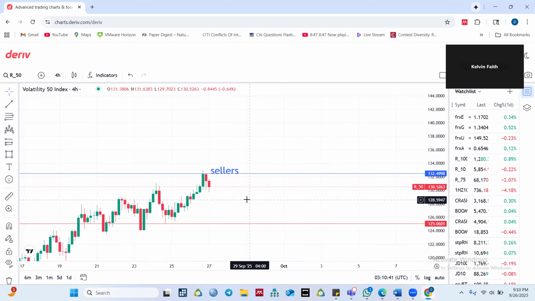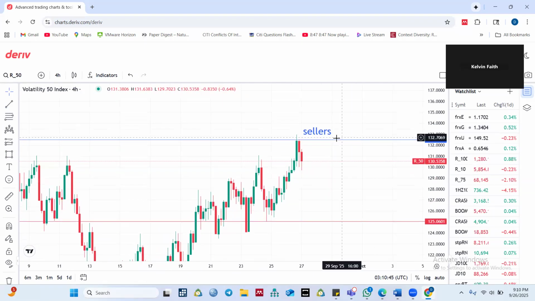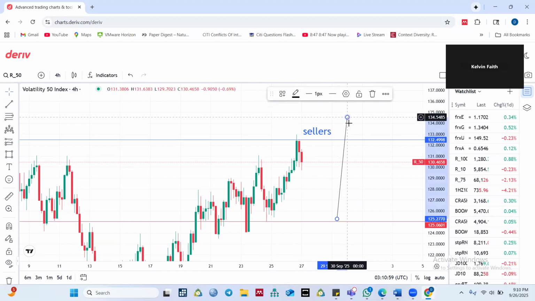So we're still playing. There's still a lot of room from this blue line back to this red line, from this magic support line to the next magic support line, the red line down here. There is still room for price to come down even to this area and still go up to give us a body close above the blue line and keep buying.